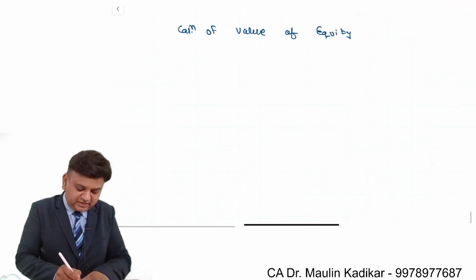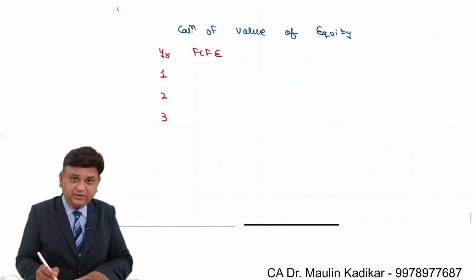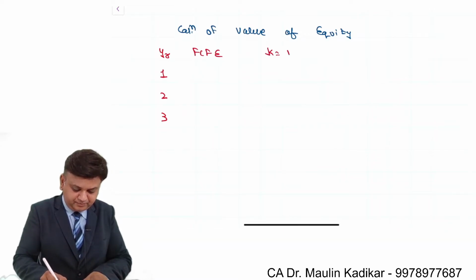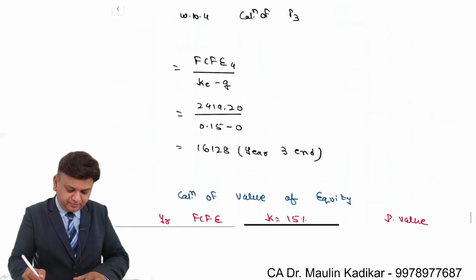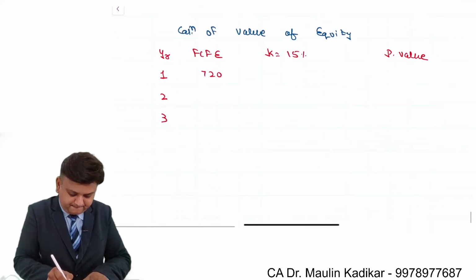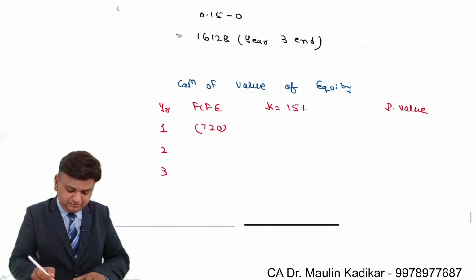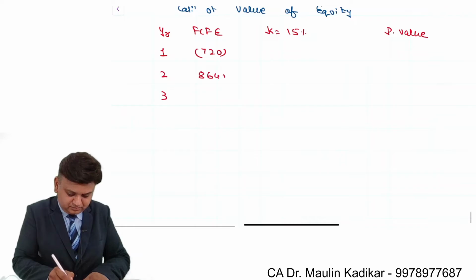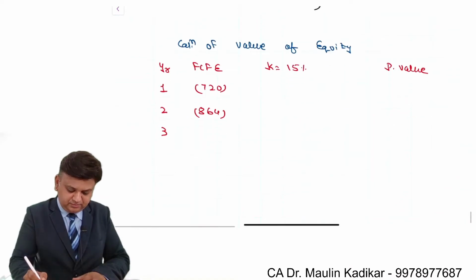In that, we will work out the answer like this: first year, second year, third year. Free cash flow for equity, cost of capital is 15 percentage, and present value. So it is 720 is outflow. Then 864 is again cash outflow. Then it is 1036.8 is outflow.